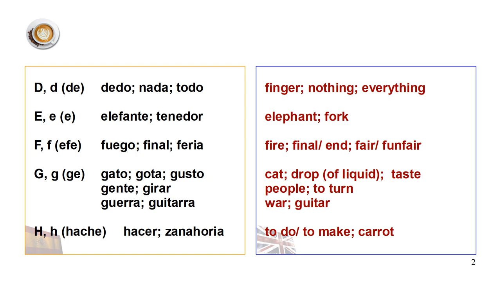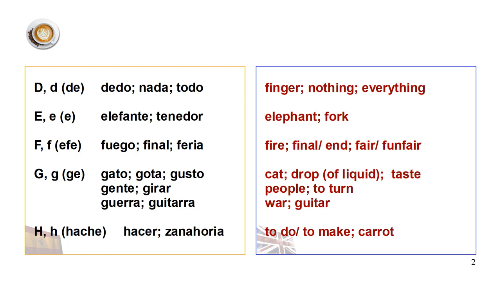G. This letter has two pronunciations depending on the vowel that follows it. For example, G plus A, G plus O, and G plus U is pronounced like G, as in these examples: gato, cat, gota, drop, gusto, taste.